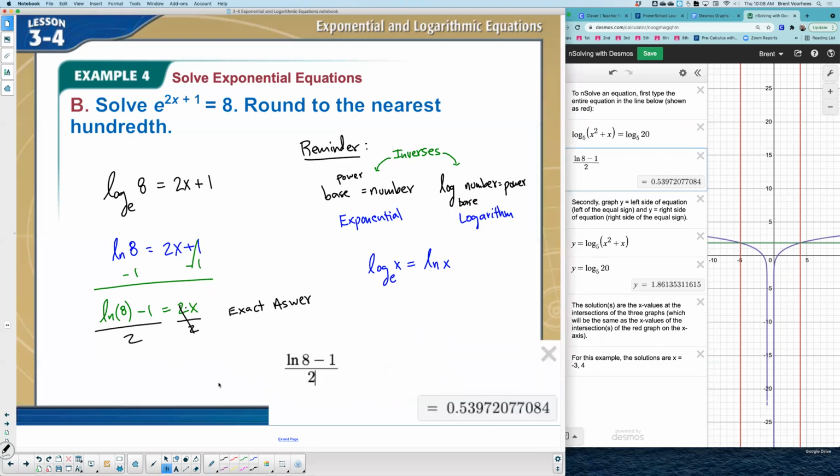And so if we wanted to approximate this to the nearest hundredth, we'd say x is approximately 0.54, since that 0.53 rounds up to 0.54. That's the answer to the nearest hundredth right there.